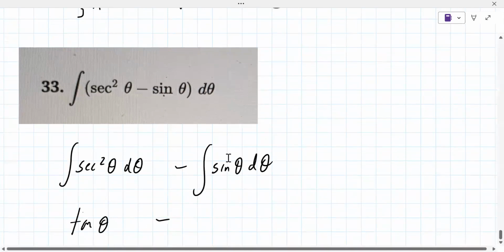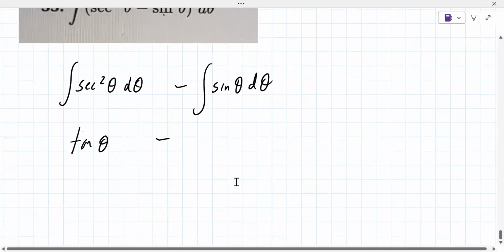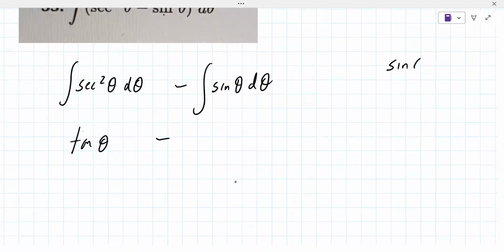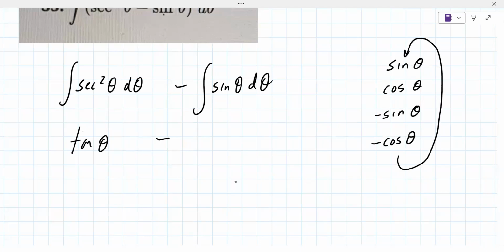Now sine is one of those you're going to want to remember. So if you recall from before, sine theta's derivative is cosine theta, cosine theta's derivative is minus sine theta, minus cosine theta, and then it comes back this direction if you're taking a derivative. If you go the other direction, it's the integral.